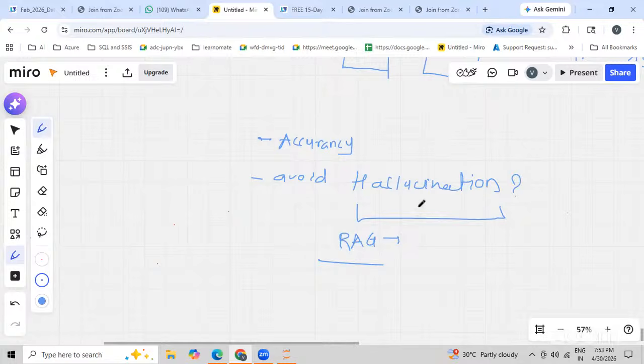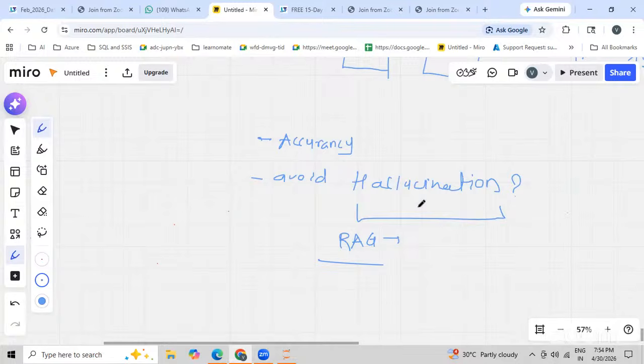This is one of the very important interview questions. In most interviews, they will ask you what a hallucination is. Hallucination is the concept in AI where the LLM answers your prompt with irrelevant data.